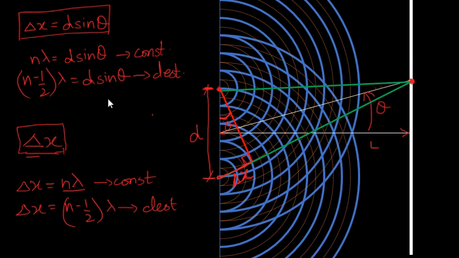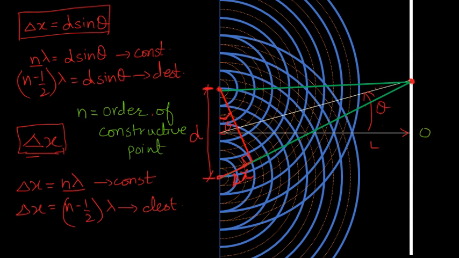Okay, and one important thing now. What does this n represent? Any idea? This n? So I will write it here. n is technically representing the order of the constructive point. What does that mean? For example, for the middle fringe, the order is 0.